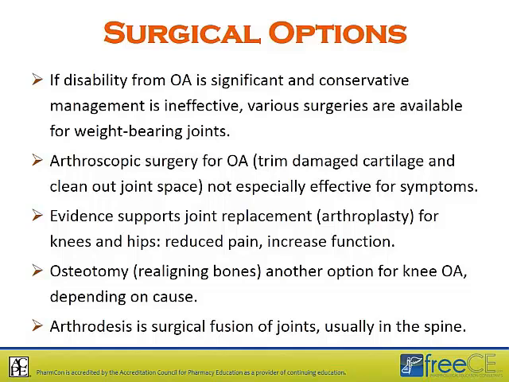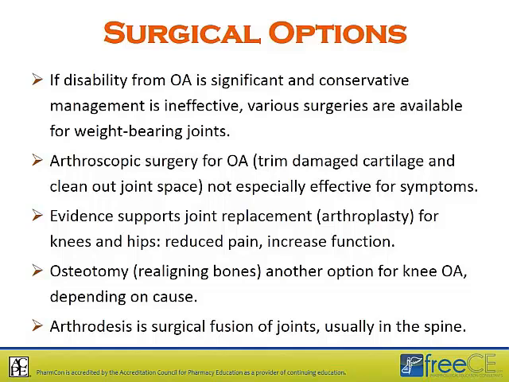Arthroscopic surgery for OA, which involves inserting a small scope-like device into the joint capsules, used to trim damaged cartilage and clean out the joint space, is actually not especially effective for OA symptoms. Arthroscopic surgery is very effective at fixing athletic injuries, but not for reducing the progression of OA or significantly reducing the pain and inflammation felt with it.